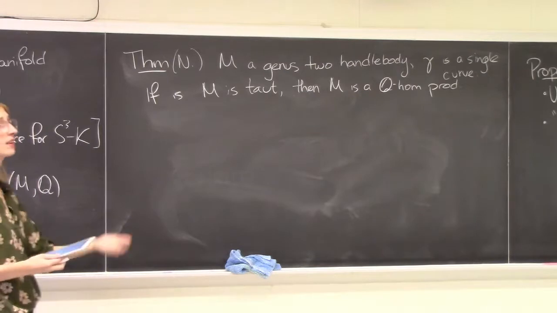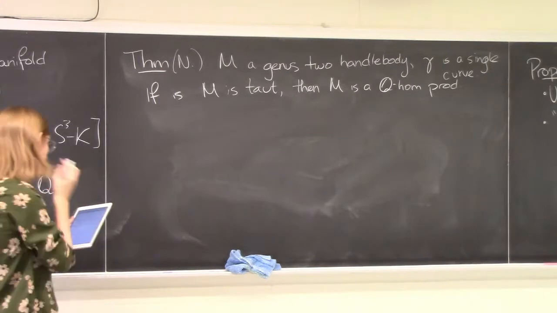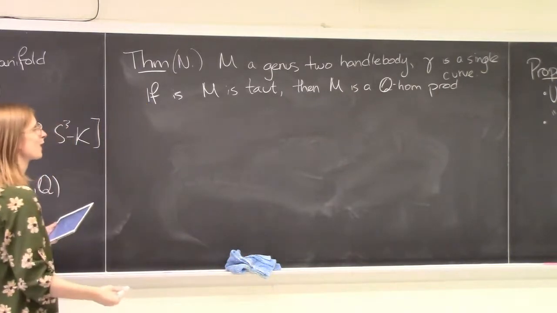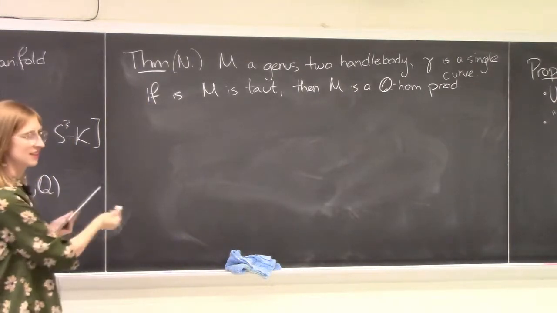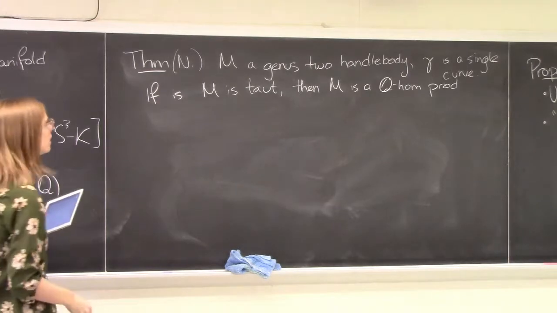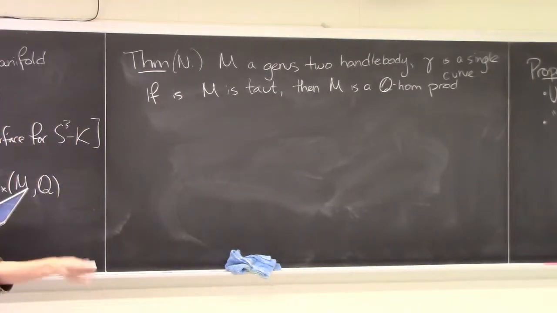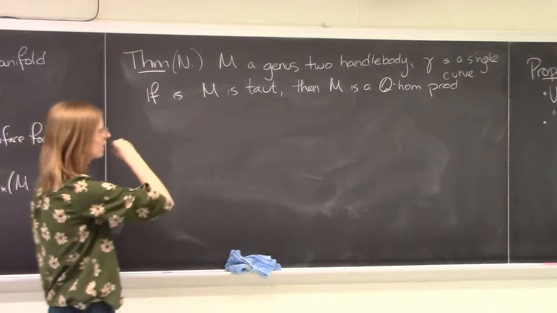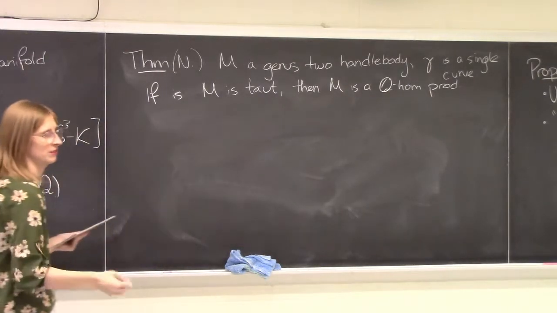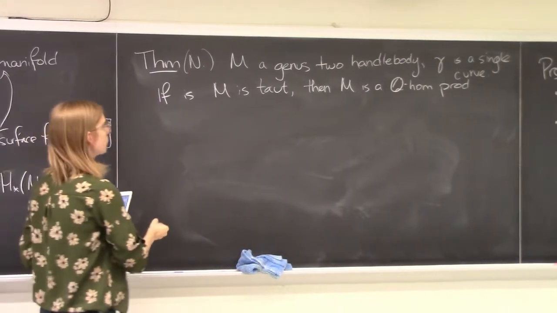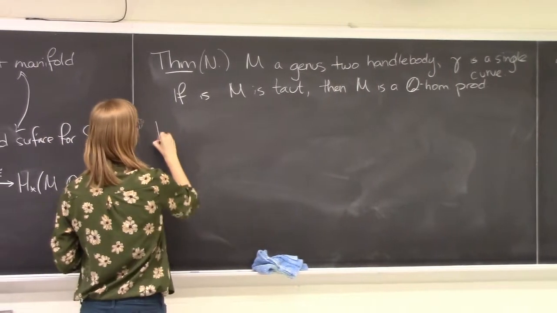You're not pi1 injective. So the idea here maybe is there's just not enough space in this picture for anything to go wrong. If you're not a rational homology product, your gamma is sort of not doing anything interesting.